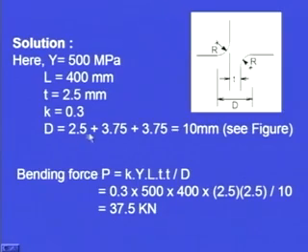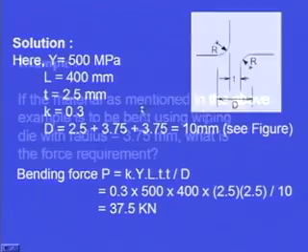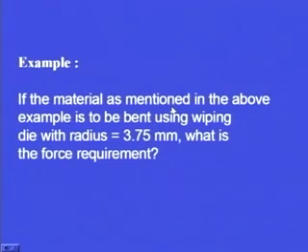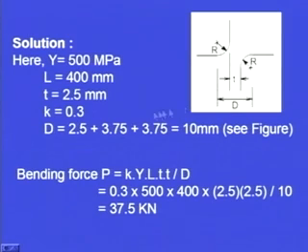So, here we see that D is equal to 2.5 multiplied plus 3.75. What is the value of 3.75? This is R, R is 3.75.